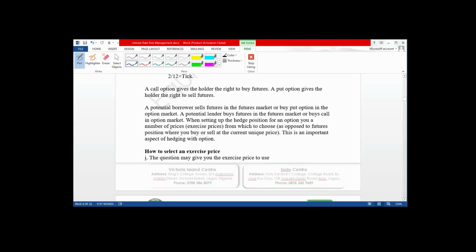The potential lender will buy a call option. That call option will give you the right to buy a futures contract. A potential borrower buys put options. The put option will give you the right to sell.